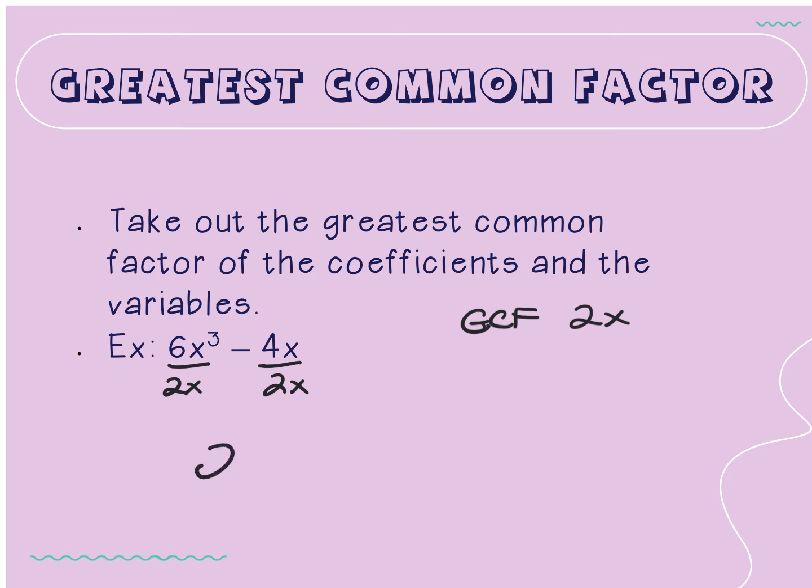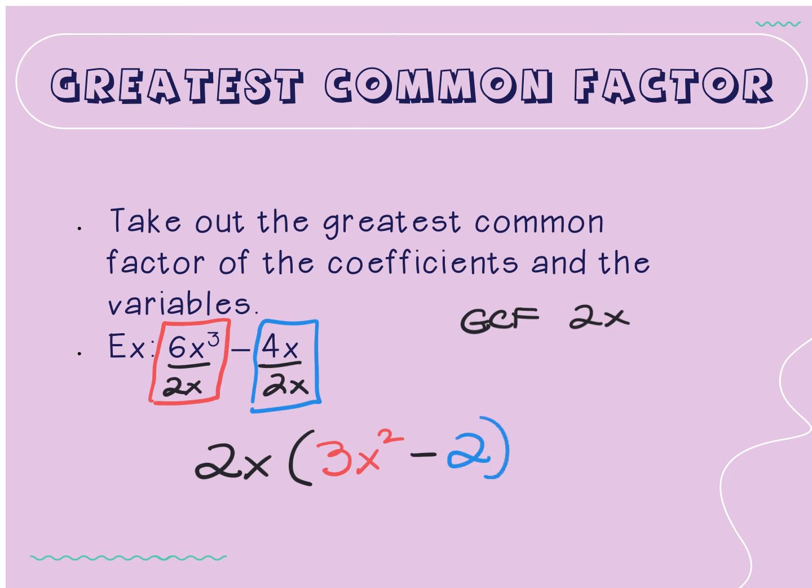I'm now going to write the GCF, and then in the parentheses is going to be the answer to the division of 6x to the third divided by 2x. Once I divide that, I'm left with 3x squared. And then I'll divide this one, and I'm left with just a 2. And that would be that binomial with the GCF factored out.